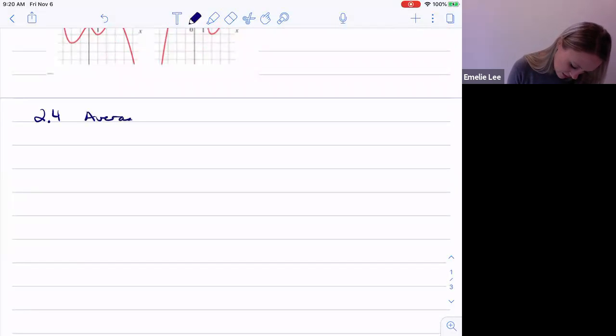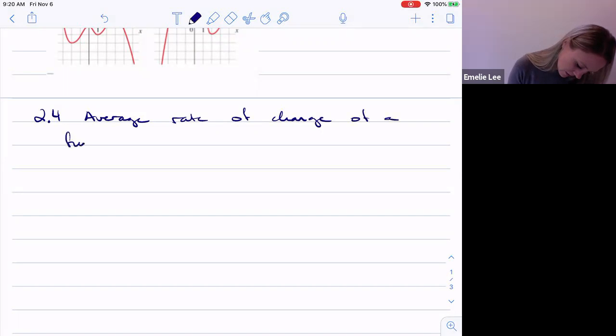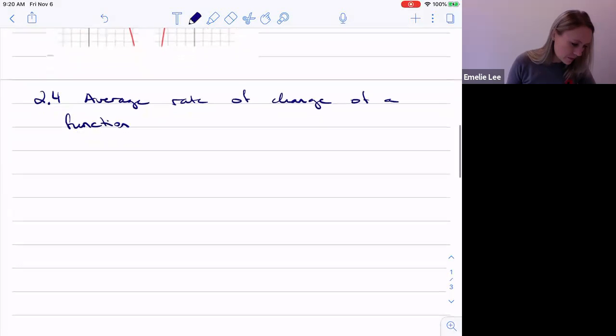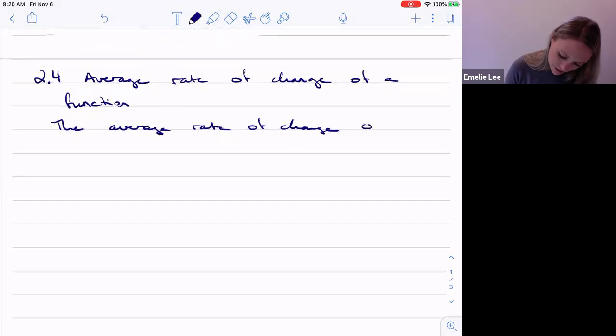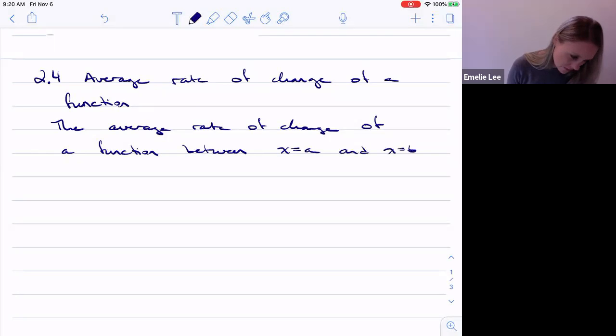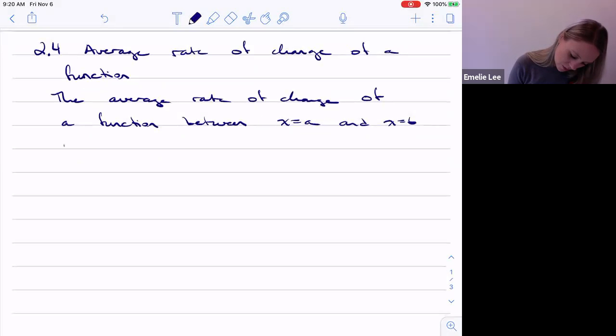2.4 is on the average rate of change of a function. The average rate of change of a function between x equals a and x equals b is the slope between these 2 points.